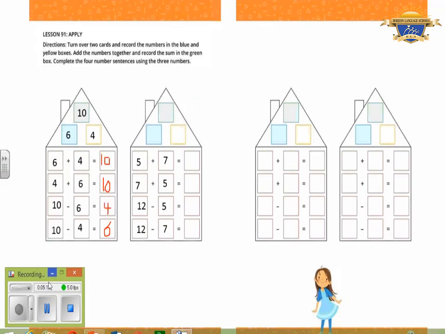Okay, let's take other numbers. We have here number 5 and number 7. And we already said that if we want to find the missing number, we need to add those two numbers. So 5 plus 7 equals, excellent, 12. So those are our three numbers. Let's make addition sentences.